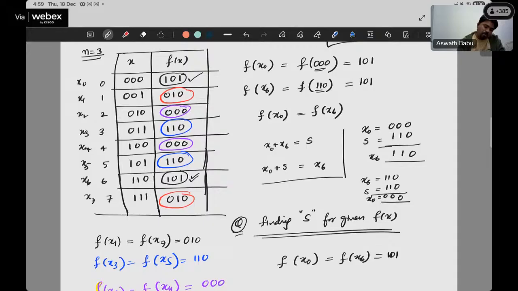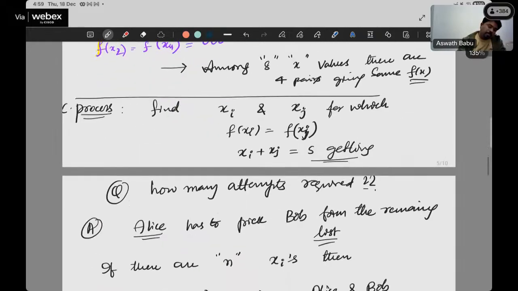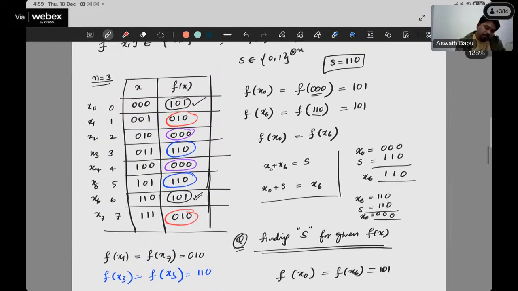Let's say x0 and x6 are the only two which match. For every other case, I'm not getting common f of x's. Which means I have x0 dot z is equal to x6 dot z.